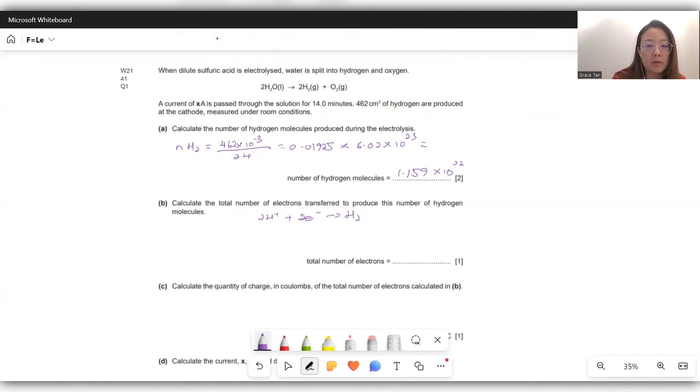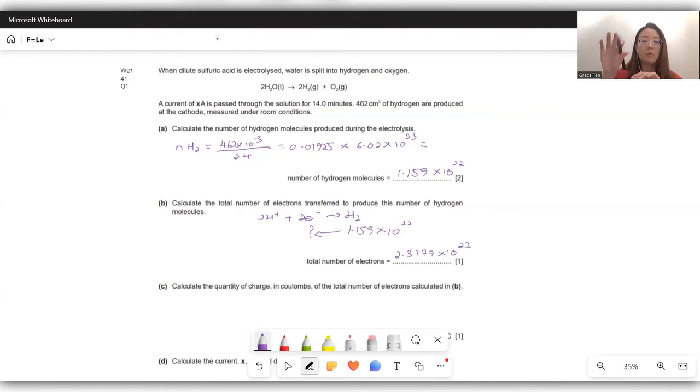This number here is the number of hydrogen molecules, and they want the number of electrons, which is here. So you just need to multiply by 2. You take this and multiply by 2, hence the answer would be 2.3177 times 10 to the power of 22.